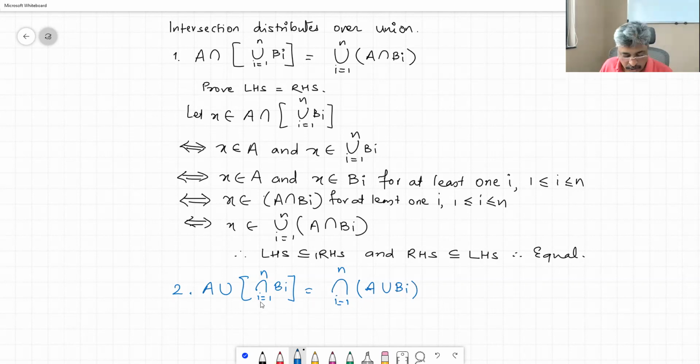That means union distributes over intersection. First one was intersection distributes over union. Second is union distributes over intersection. Write down exactly similar question. All 1, 2, 3, 4, 5, 6 steps.